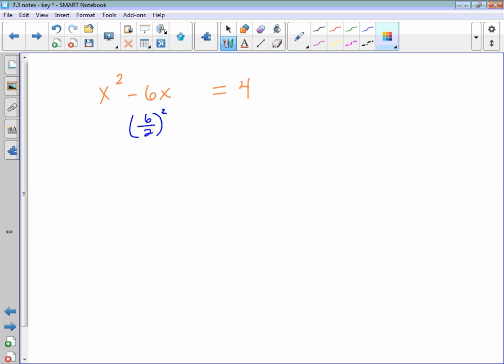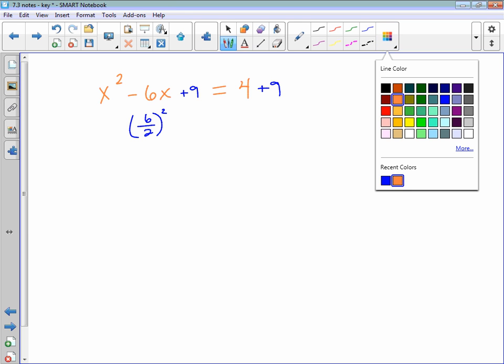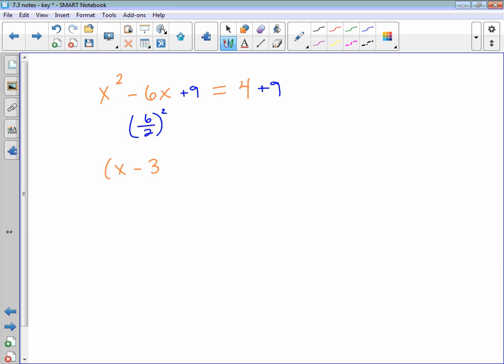So what's that going to be? So we add 9 to both sides. Okay, so then this is x minus 3 squared equals 13. So x minus 3 plus or minus root 13. 3 plus or minus root 13.